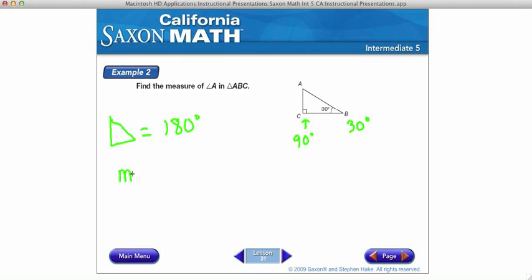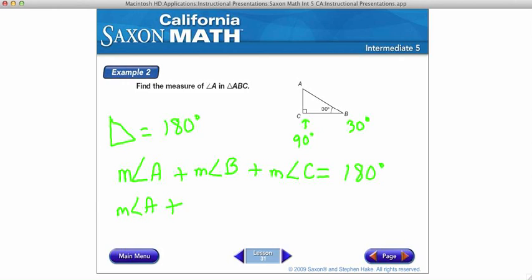The measure, M stands for measure, of angle A plus the measure of angle B plus the measure of angle C equals 180 degrees. Now I substitute. I'm still looking for the measure of angle A, but B is 30 degrees and C is 90 degrees.